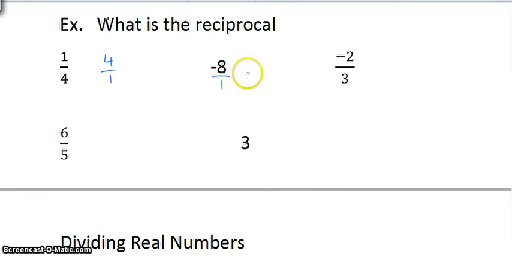The reciprocal of -8 will be -1 over 8. The reciprocal of -2/3 is -3/2. So you're going to keep the sign and you're just going to flip it. 6 over 5, the reciprocal is 5/6. 3, the reciprocal is 1/3.